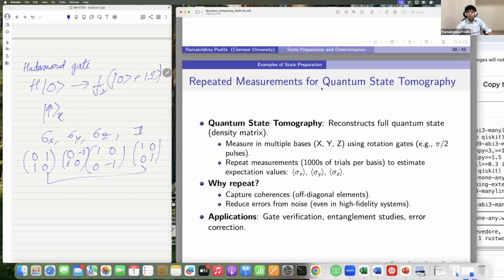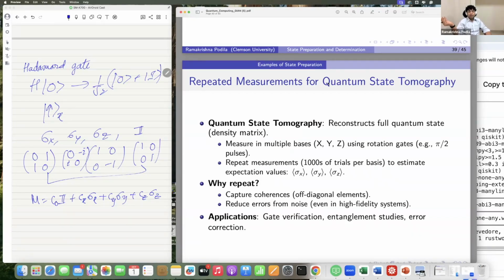I can express any two-dimensional matrix in terms of these four matrices. I could write any matrix M as C0 times I plus Cx sigma x plus Cy sigma y plus Cz sigma z, a linear combination of these four matrices.